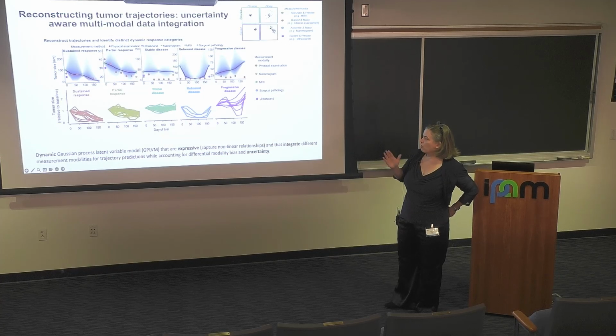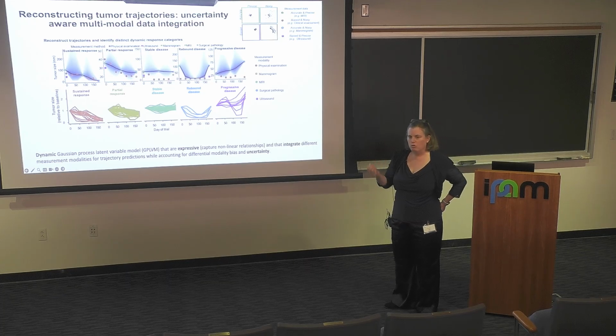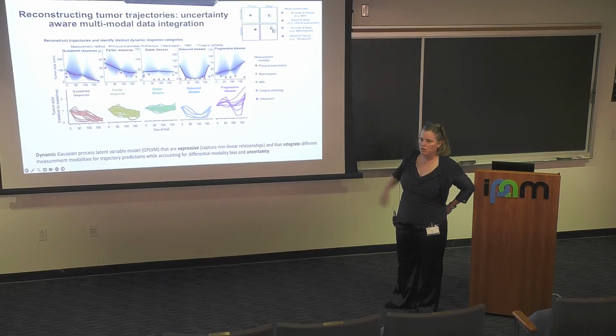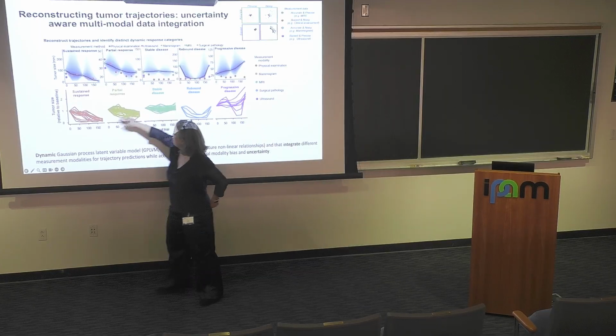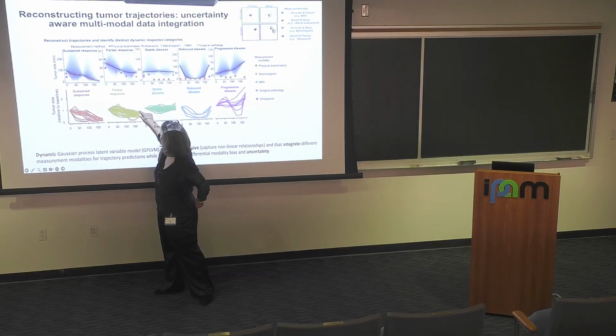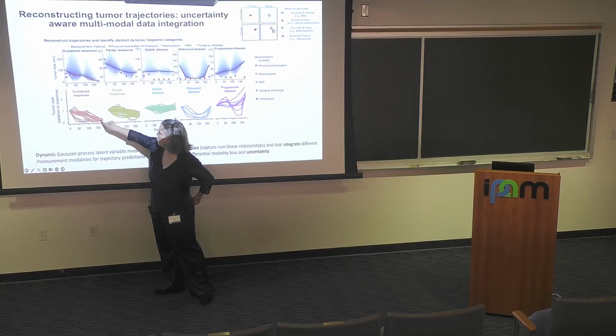If you have a stronger response initially and it stays down, that's more sustained, versus a more gradual response over time. Sometimes these actually go back up, whereas these all stay really low.